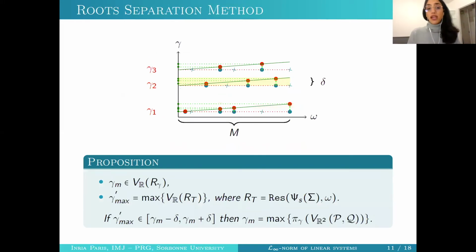So by this way and using this proposition, we can say that whenever we locate the maximal green dot in an interval gamma i minus delta, gamma i plus delta, we consider that this gamma i is the searched value, that is the maximal gamma projection of my system's real solutions. And in this case, the L-infinity norm of G is equal to gamma 3.